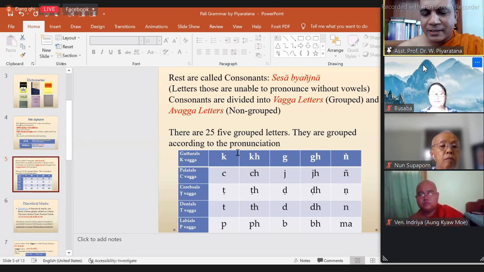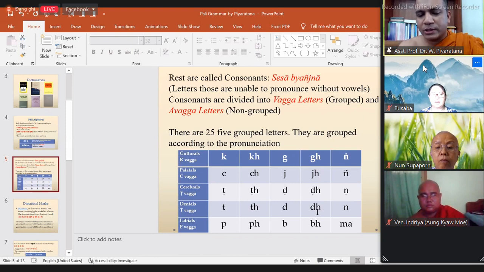But to make pronunciation easier, I just use the first 5 letters and second 5 letters. Actually, we call these ghosa. Ghosa means the sound. In the grouping of letters, 2 groups we call aghosa.